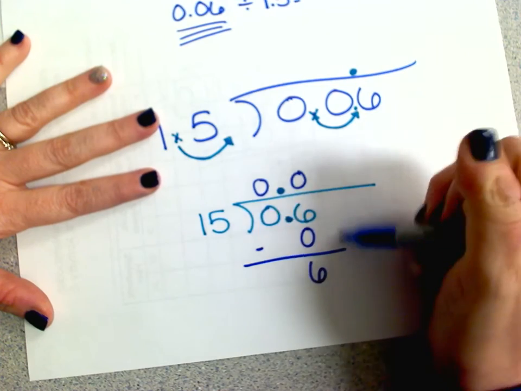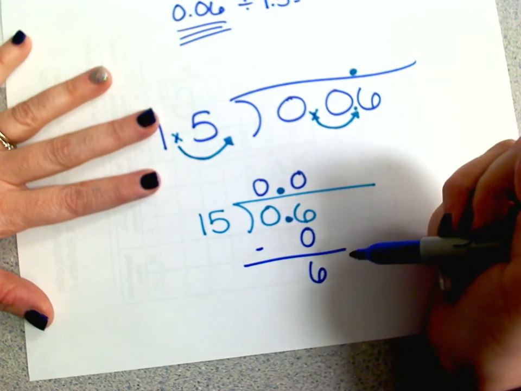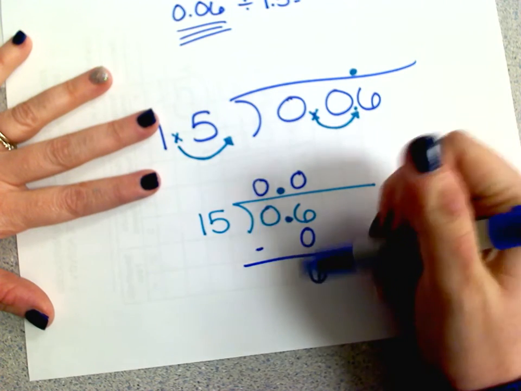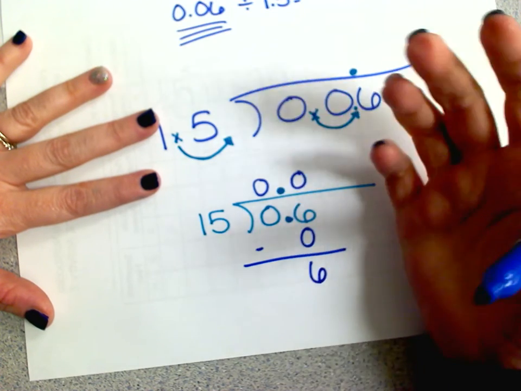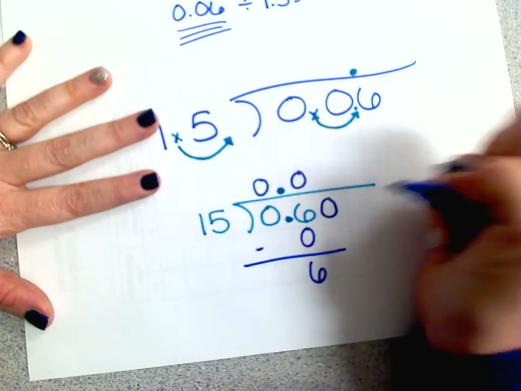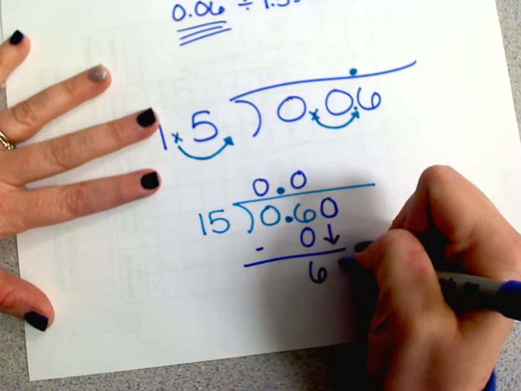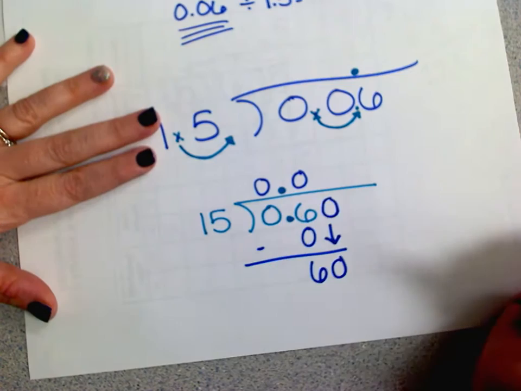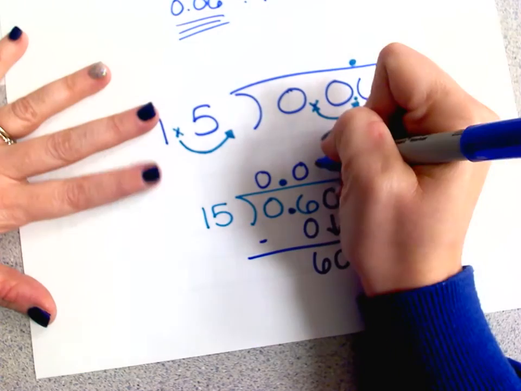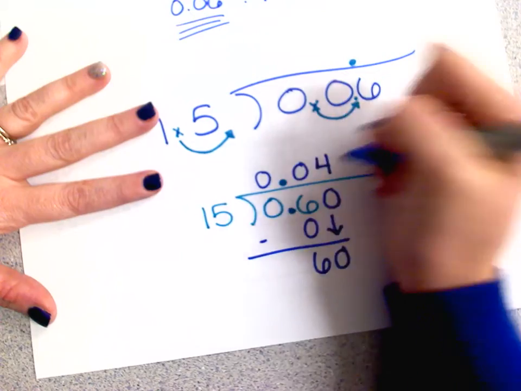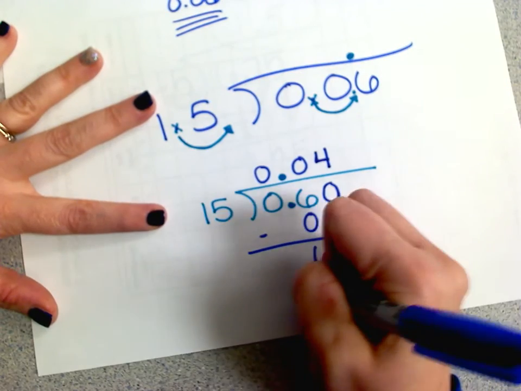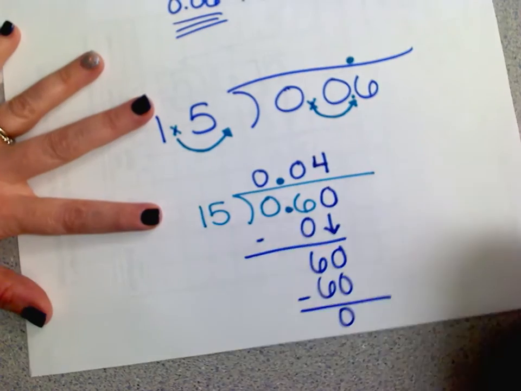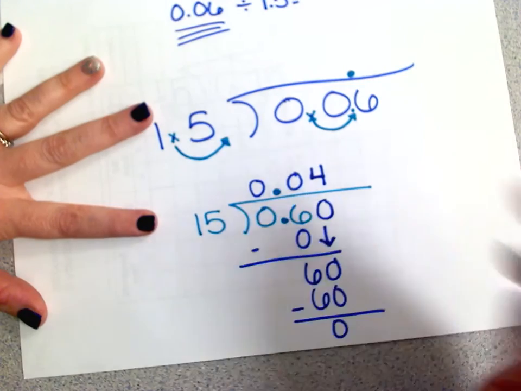Remember what I told you about annexing zeros, when this looks like it would be a remainder, but it's not. So we're going to add a 0. 15 goes into 60 how many times? 4. 4 times 15 is 60. No remainder. Our answer is 0 and 4/100.